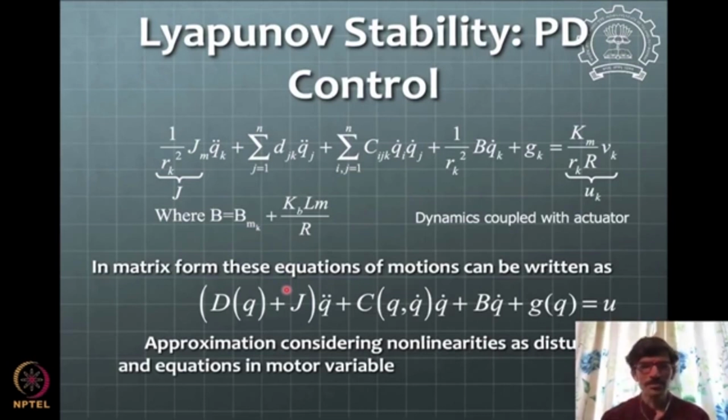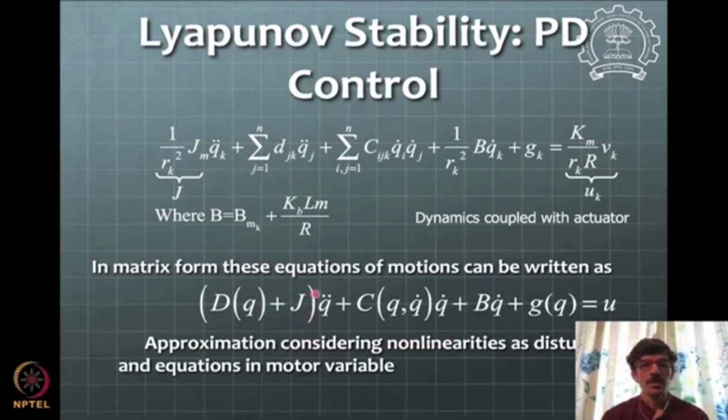The complication that you usually get by using these Cijk kind of terms is gone here. So you see that this is an n by n matrix, where n is the degree of freedom of the system, or n is the number of actuators in the system, a fully actuated system.